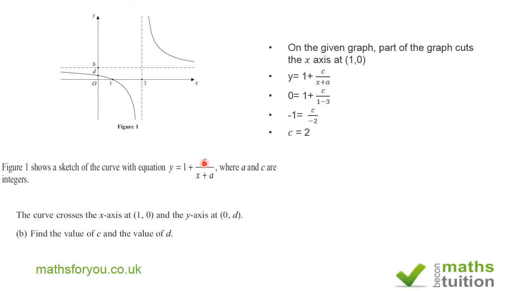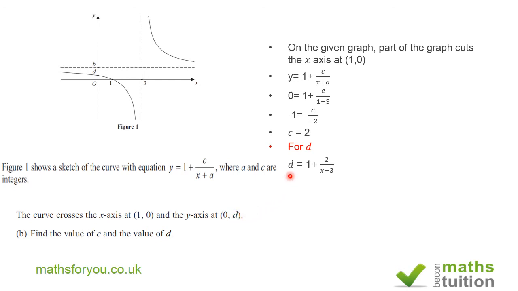We now have to find d. Okay, right. Now we know that at this point d, which crosses the y-axis, the x coordinate is 0 and the y coordinate is d. So we then have that d is equal to 1 plus 2 over x minus 3, because the y coordinate is d as given to us there.